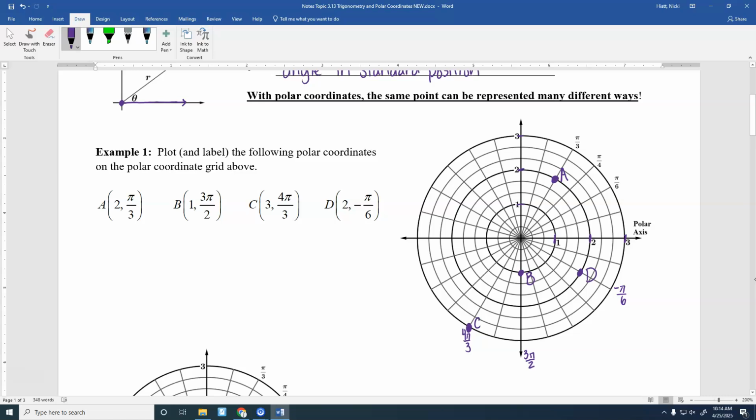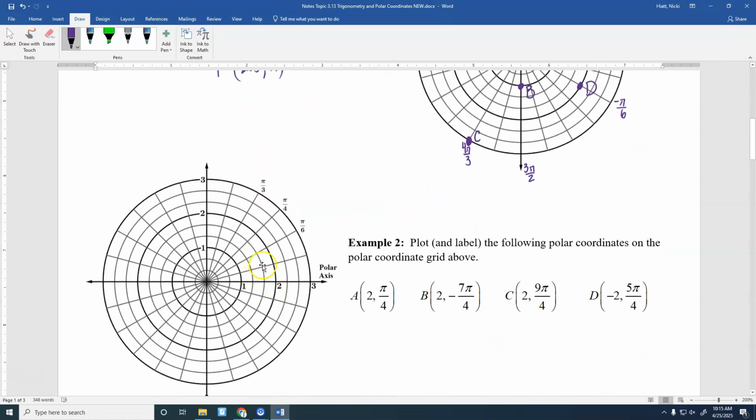So if they told you F was at, let's say, 2.5 pi, pi is right here, and then we would go out 1, 2, and then go halfway between 2 and 3, so you'd be right here for that. So you may see some that fall in between, but if they're testing you on it, probably whole numbers for that.